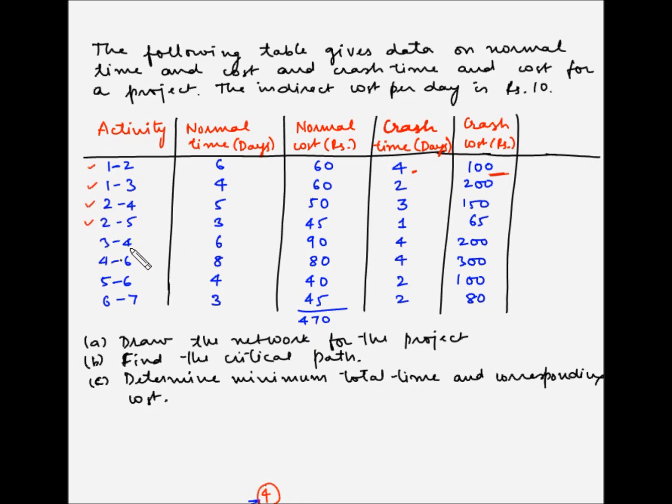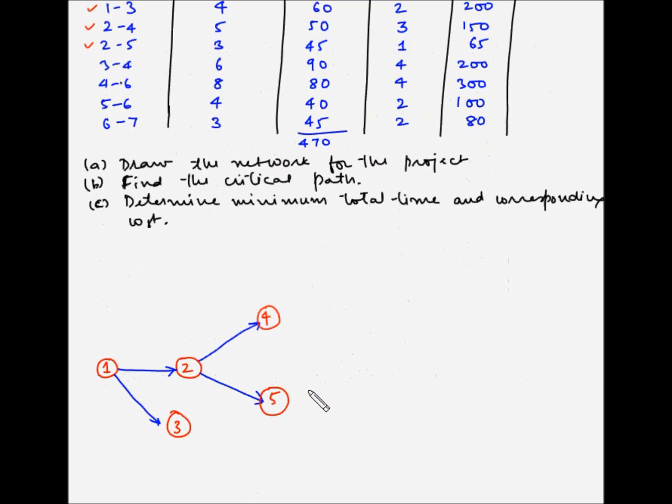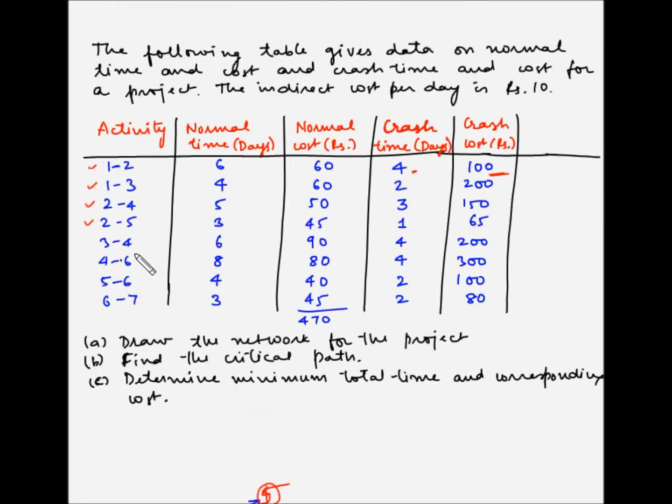Now the next is 3 to 4. So to draw this 3 to 4, I think we should reverse the order. So we should bring 5 here and 4 here. So let's change that. Let's make this 5 and let's make this 4. And then now we can draw 3 to 4. So we have completed 3 to 4.